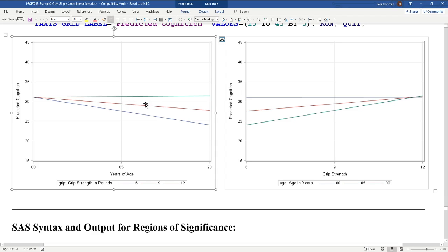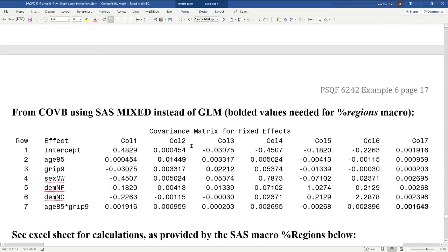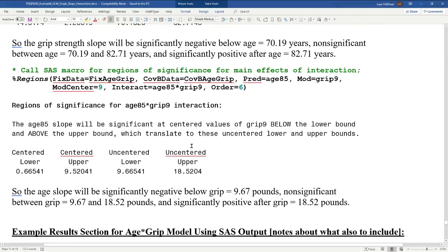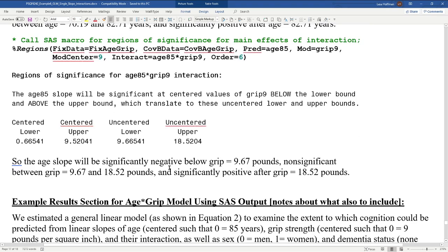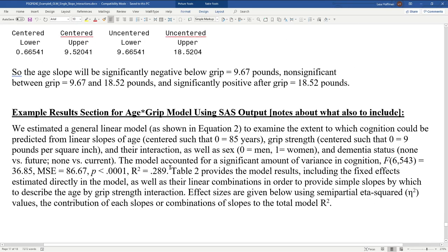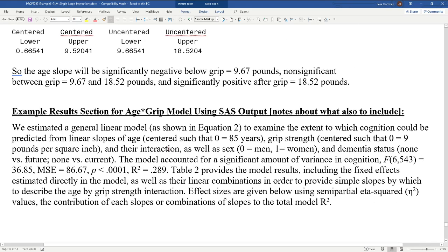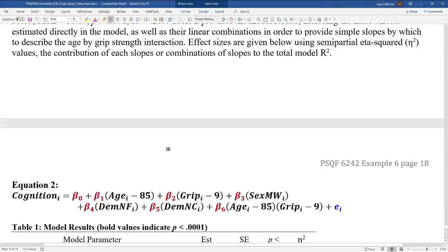After 9 pounds of grip is where it becomes significantly negative, and if we were to follow this arc out up to 18 pounds is where it would become significantly positive. And again, the question is, where do the people fall in this sample? So we would want to report those values in conjunction with the distribution of the moderator to make sense of this. And so here are some words that I use to describe all of these things.